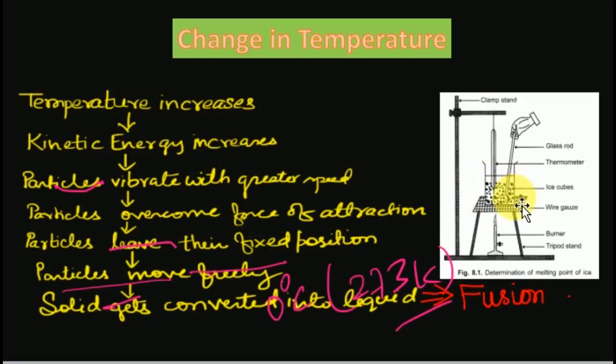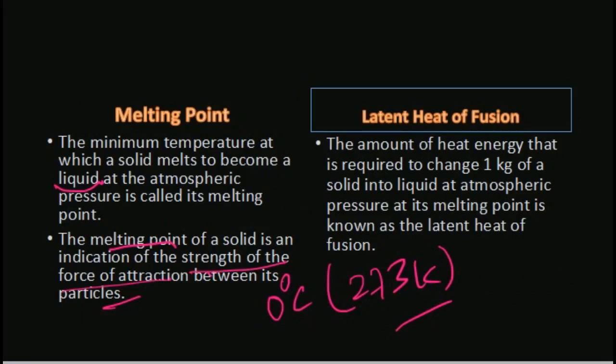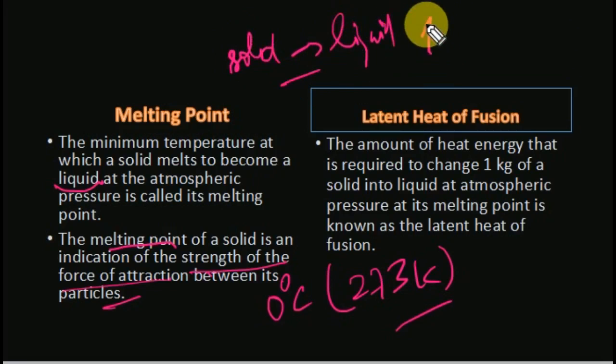This heat energy is called the latent heat of fusion, because during the conversion of solid to liquid we provide this heat, and there is no increase in the melting point; it remains constant.